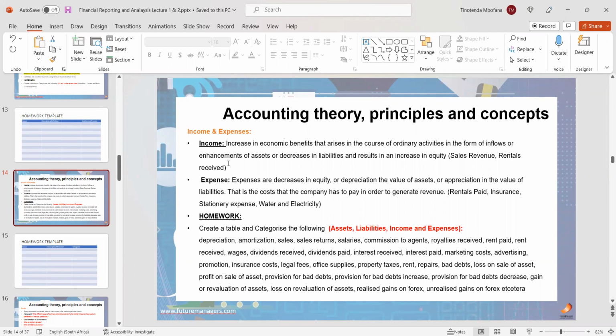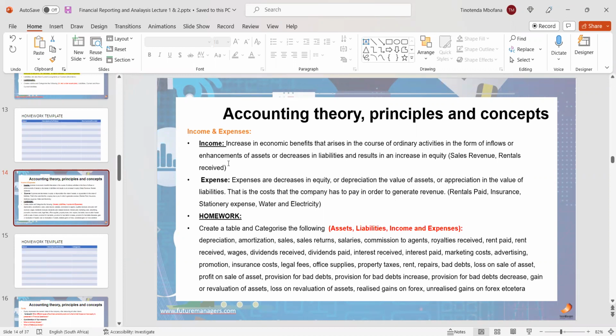So an example of what an income is. If you are in the grocery business, right? If you sell bread, selling the bread will generate an income for you. The bread itself is an asset, but selling the bread will generate income for you as an organization at the end of the day. If you're in the property business, the building, the houses that you have are assets.